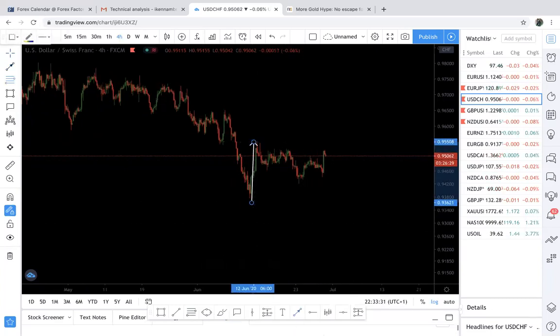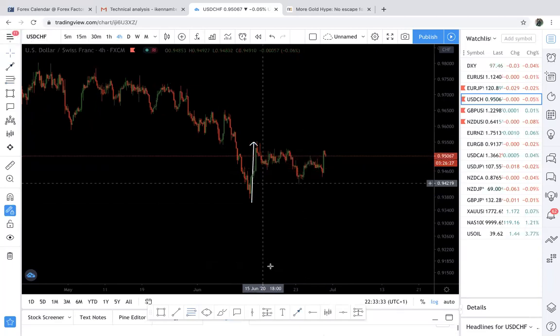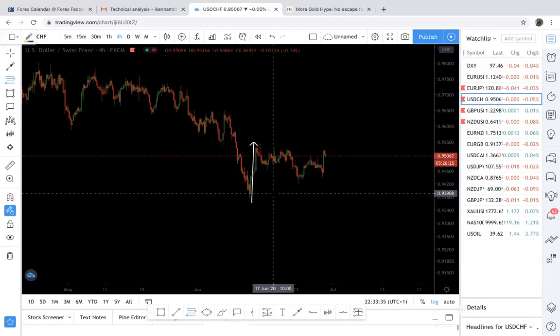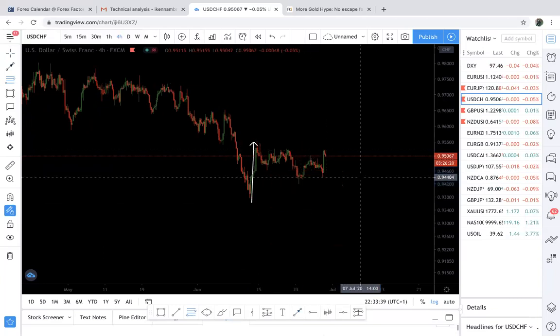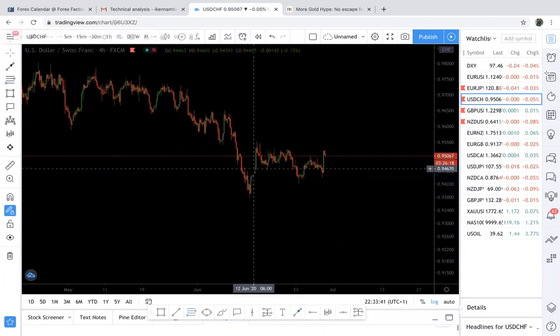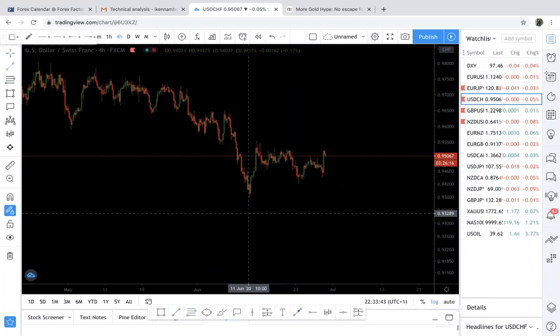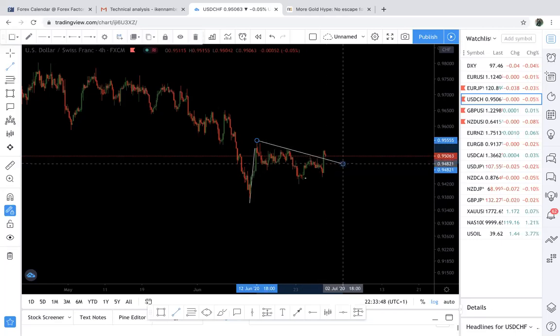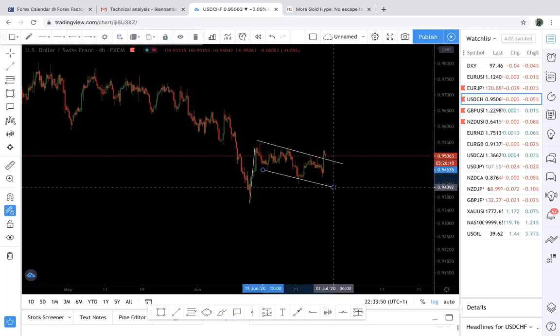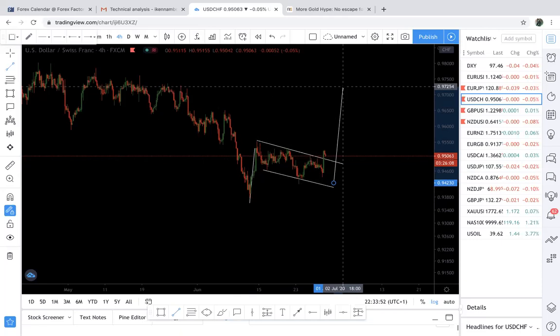And then we had a big, deep correction. If you put your fib there, you're going to see swing high, swing low, 618 level, and then we started to reject from 618, because this is one impulse, and this is a big corrective phase right here, basically for a continuation to the upside.